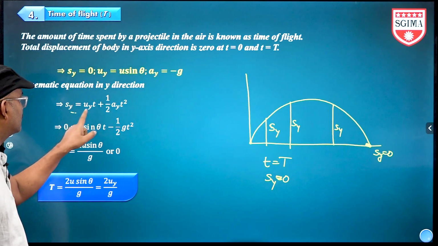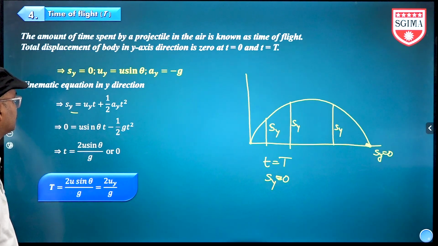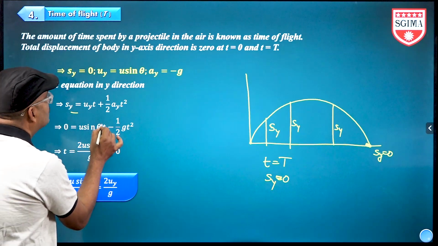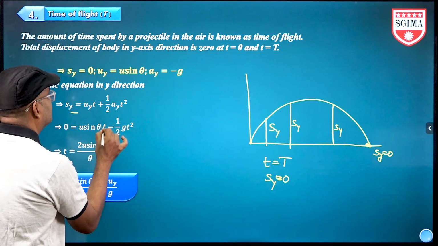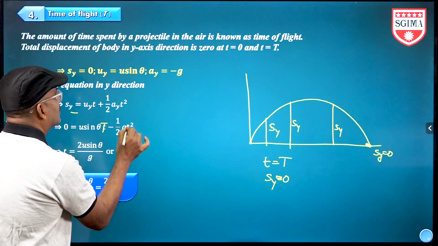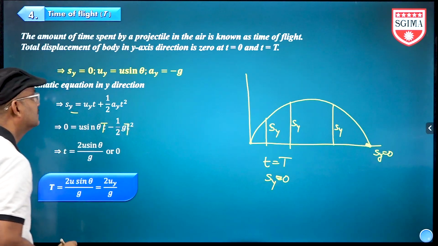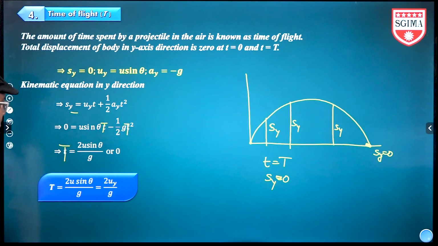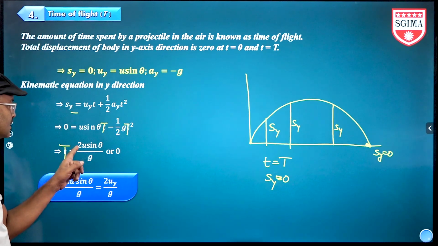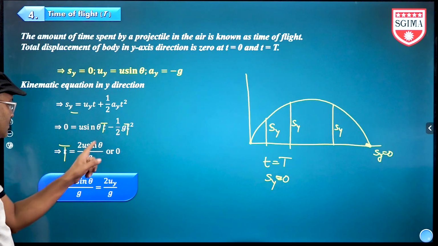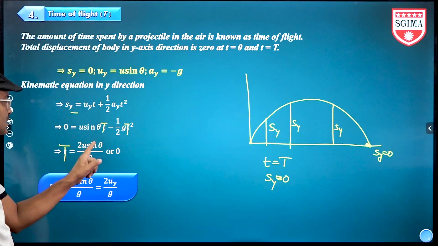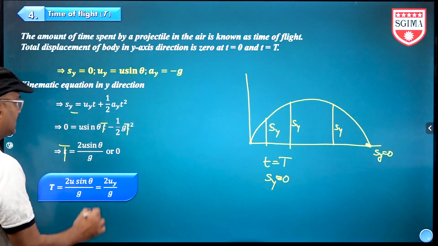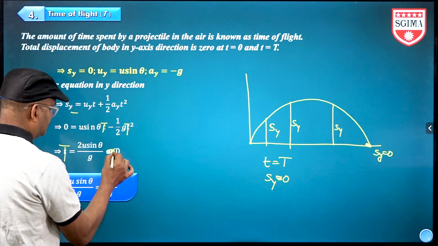All these things are substituted in this equation. Then Sy is 0 at t equal to time of flight. Then time of flight you will get. If you simplify this one, time of flight is 2u sin theta by g.